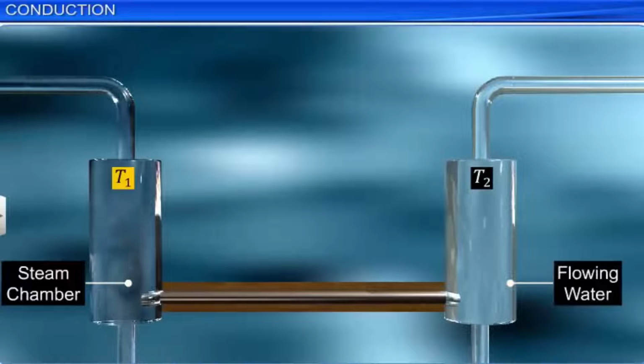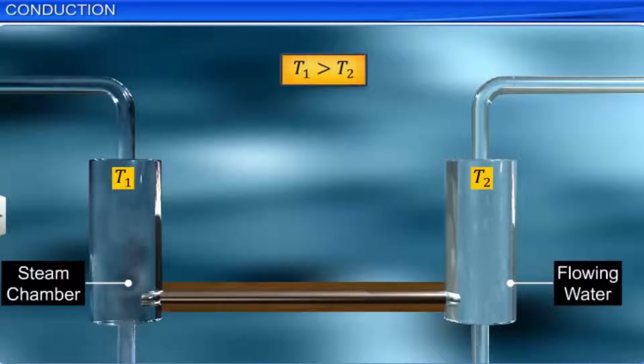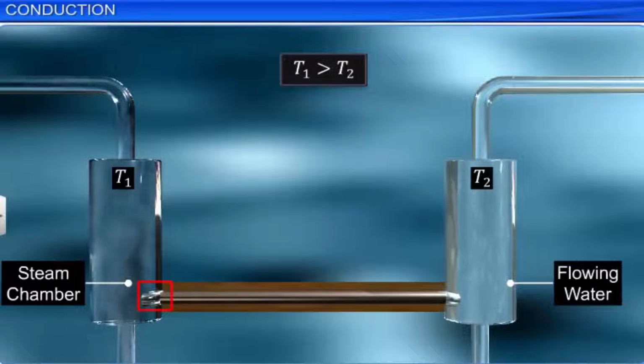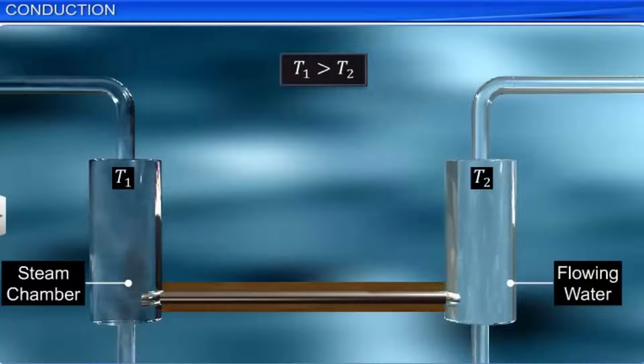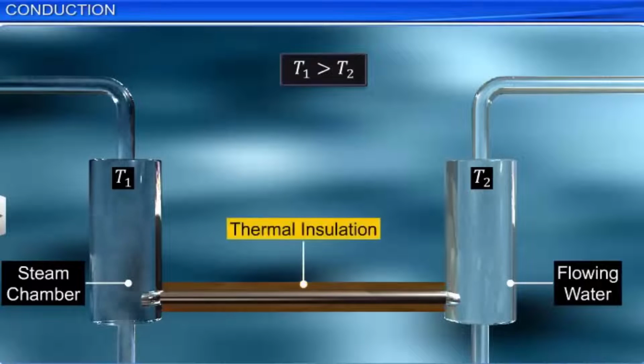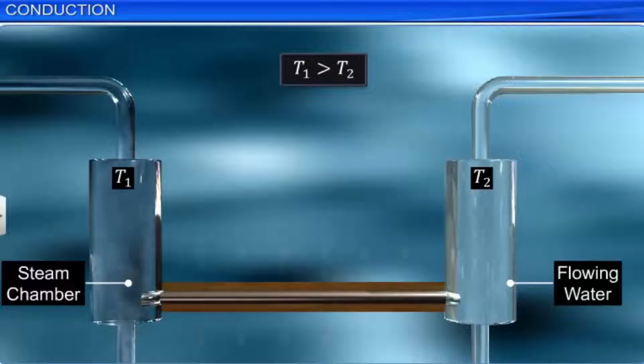Temperatures T1 and T2 are maintained in such a way that T1 is greater than T2. The end of the rod where the temperature is T1 is hotter than the other. Let us also assume that the rod is fully insulated and there is no loss of heat to the surroundings.